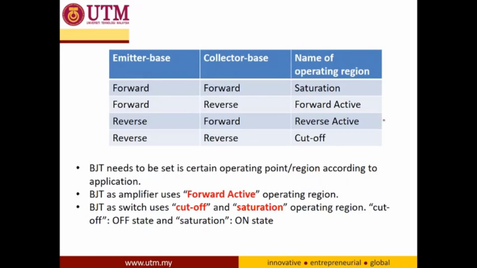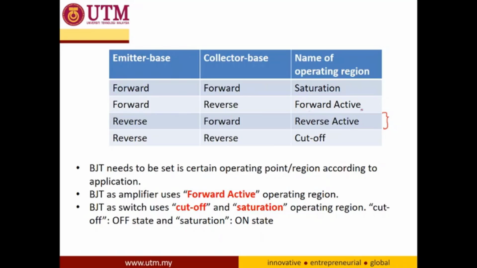Next, the slide shows the application for each operating region. The BJT needs to be set at a certain operating point or region according to the desired application. If you want to use the BJT as an amplifier, you need to make sure the BJT is set at the forward active operating region.